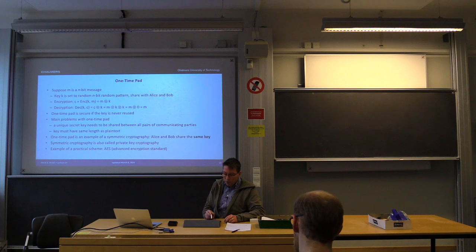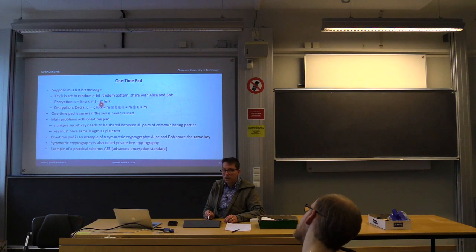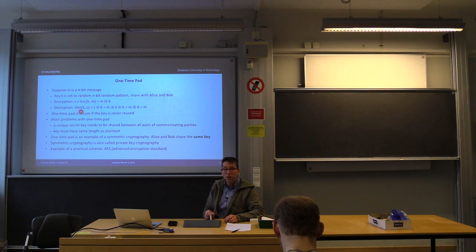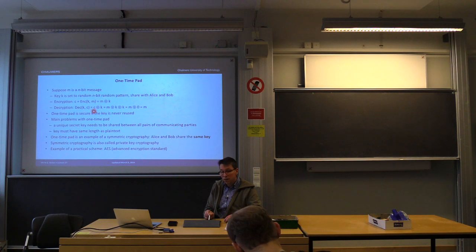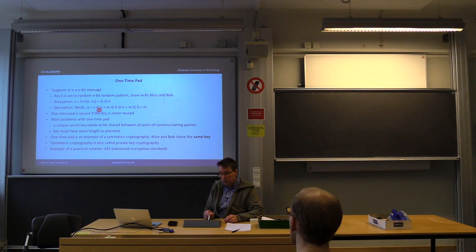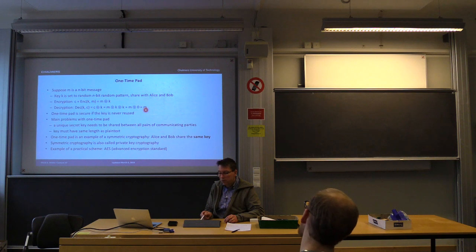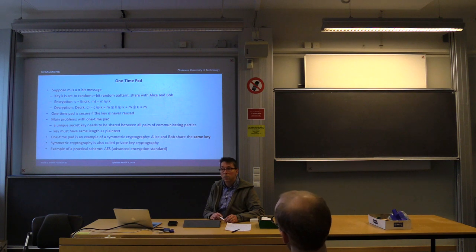Anyway, once we have this key, the encryption is basically to take the XOR between the data bits and the key bits. And then the decryption is doing the same, taking the ciphertext and taking the XOR with the key. To see that this is correct, we take C here and replace that with M plus K. So it's M plus K plus K. And K plus K is equal to 0, and M plus 0 is M. So then we're back.